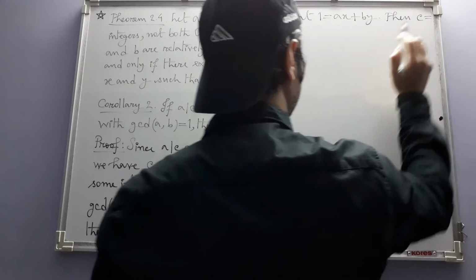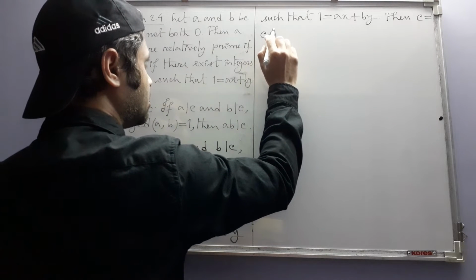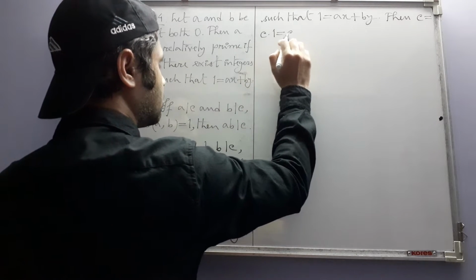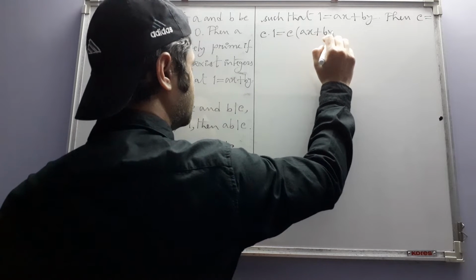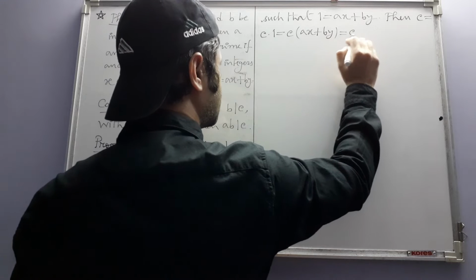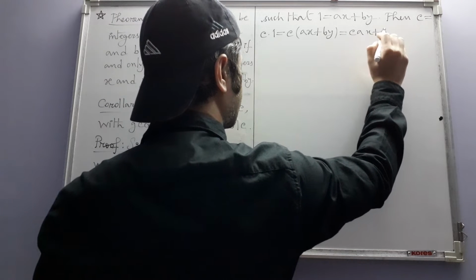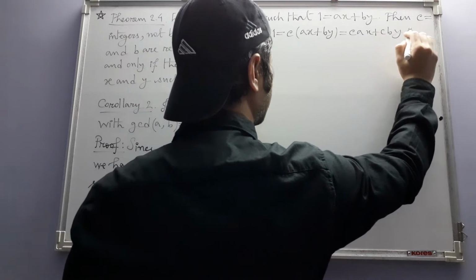Then c can be written as c times 1, so that becomes c times (ax plus by), which is cax plus cby.